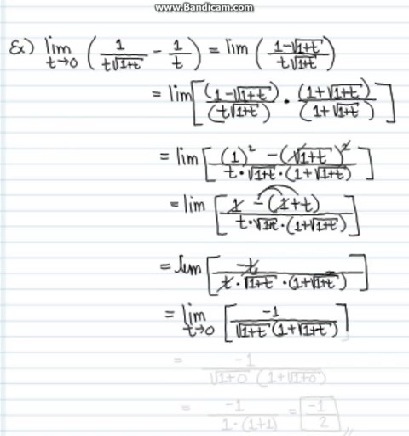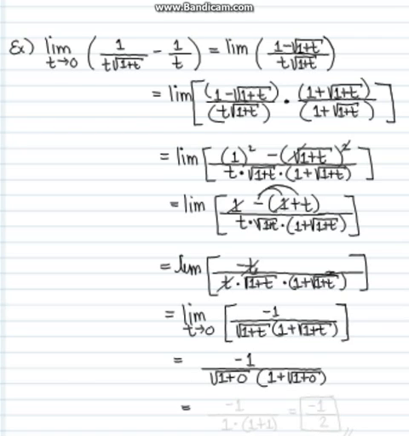Okay, so here we have a rational function, and t equals 0 is in the domain, because if you just imagine plugging 0 in for t, it's not going to cause a 0 denominator. So we can go ahead and do a direct substitution here. We get negative 1 over the square root of 1 plus 0 times 1 plus the square root of 1 plus 0.